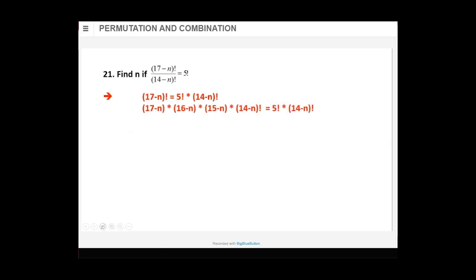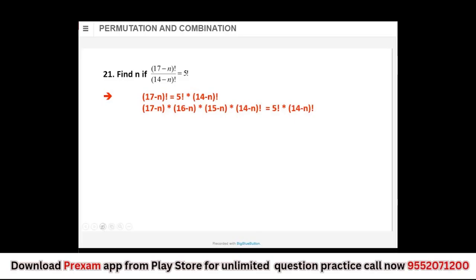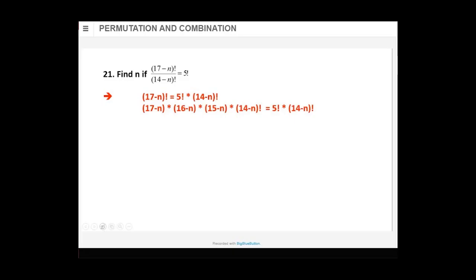Now, 17 minus n into 16 minus n into 15 minus n multiplied by 14 minus n. You have to reduce one each time. 17 minus n minus 1 is 16 minus n, and so on, is equal to 5 factorial into 14 minus n factorial.